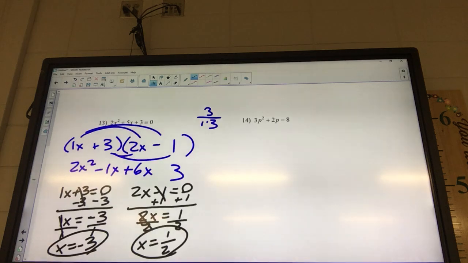So we did the first, the outer, the inner, and the last. Plus plus. So -1, 5. That would be -1.